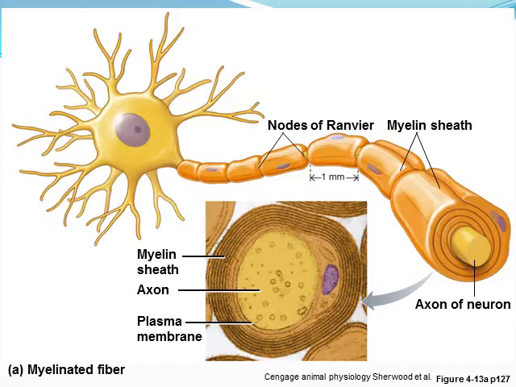So this is what it would look like in the peripheral nervous system especially. You've got areas where the myelin is coating the outside of the cell membrane of the neuron, of the axon of the neuron, and regions where it's not present, where the signal can be propagated because you have those gated channels in those nodes of Ranvier.